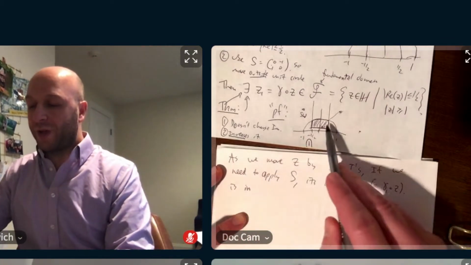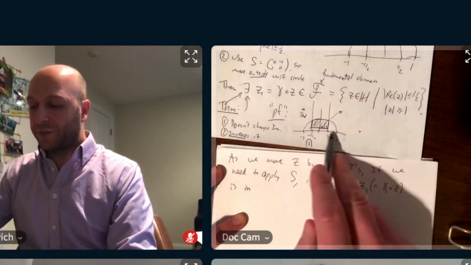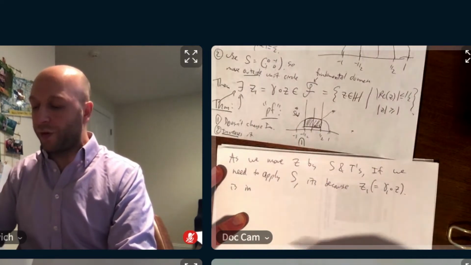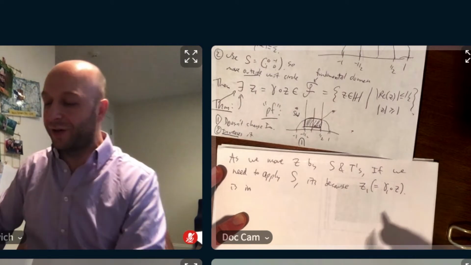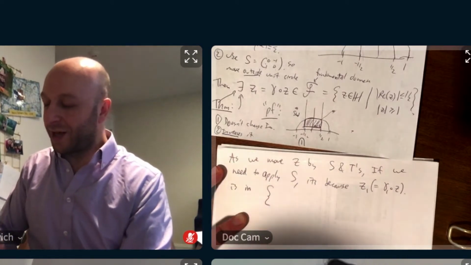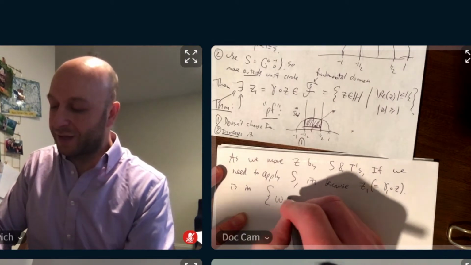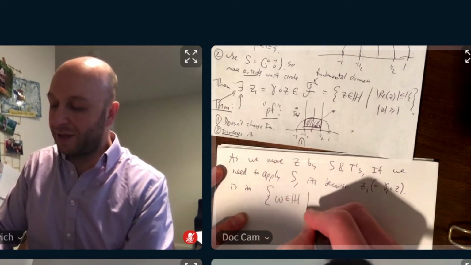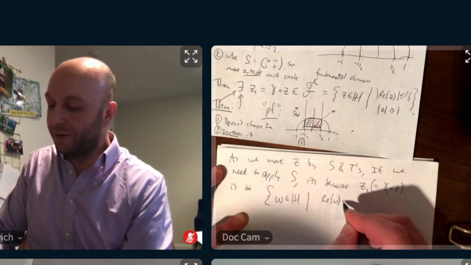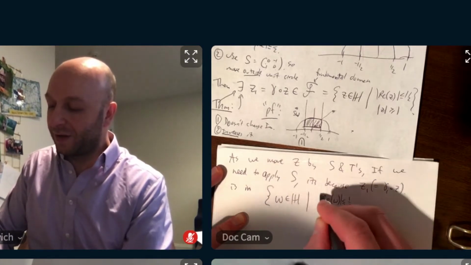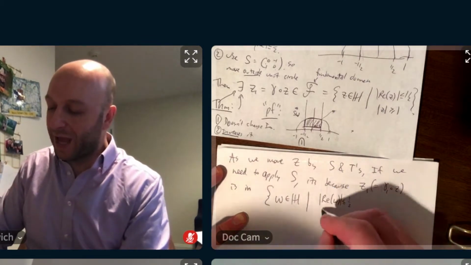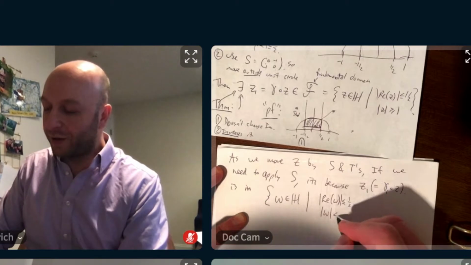The only time you apply S is when you're inside the unit circle, but you can't be inside the unit circle any more than wherever the imaginary part of Z started. So it is in a region, the set of, gosh, I need a new letter now, the set of W in the upper half plane so that the real part of W is less than a half in absolute value, because that's what T will do. I have to apply S, that means the absolute value of W is less than 1.